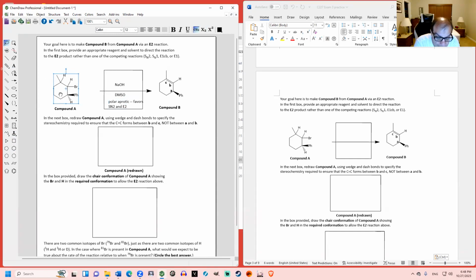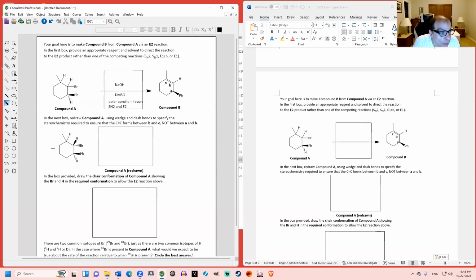So we'll simply set up wedges and dots to make sure that that's the case. So we want the bromine to be cis to this hydrogen. Otherwise, we'll get the double bond here if they're trans. So the bromine needs to be on a dotted bond, and the hydrogen on a wedge bond. And actually, that's not the prettiest way of drawing it in the world, but it would be acceptable.